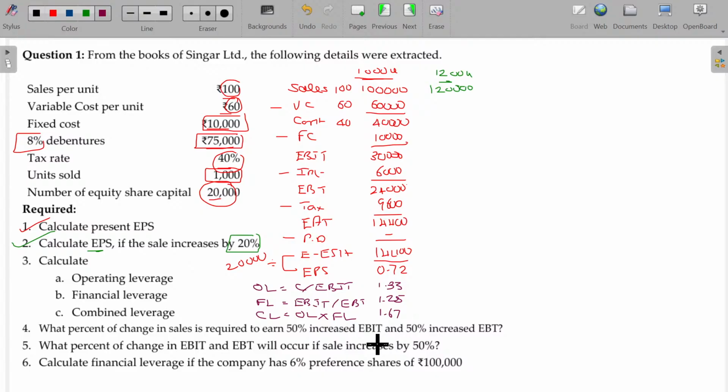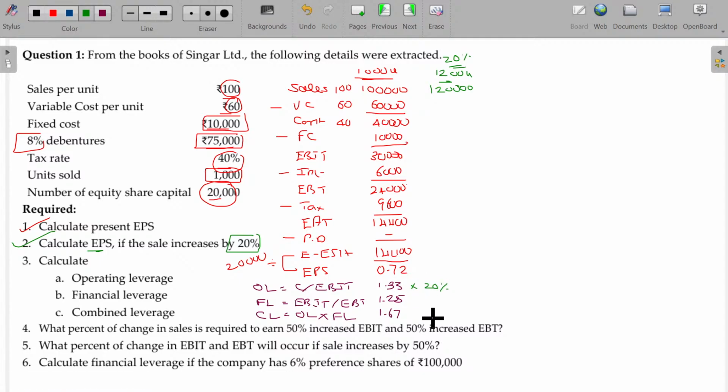Now the question is, what could be the change in operating leverage if there is a change in sales by 20 percentage? Here the change is 20 percentage. What about the change in EBIT? 1.33 times of this one.